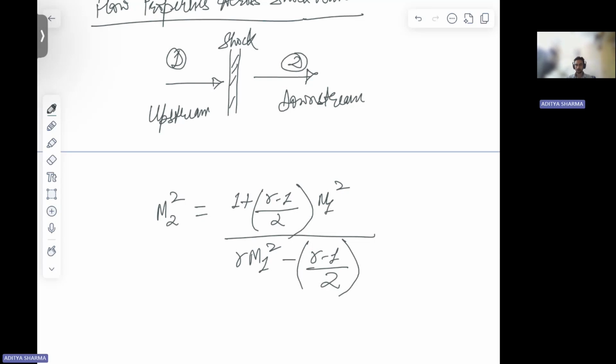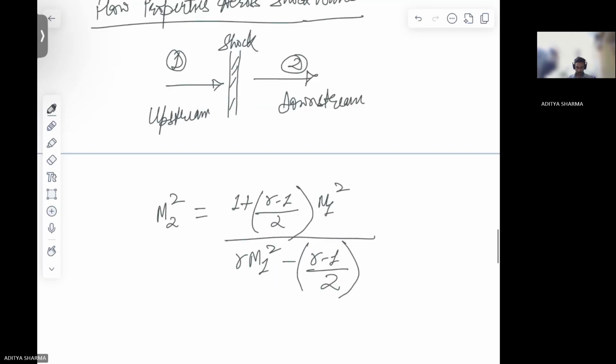So across your shock, your Mach decreases, and the decreased Mach number can be found out using the upstream Mach number M1 and gamma, the specific heat ratio.